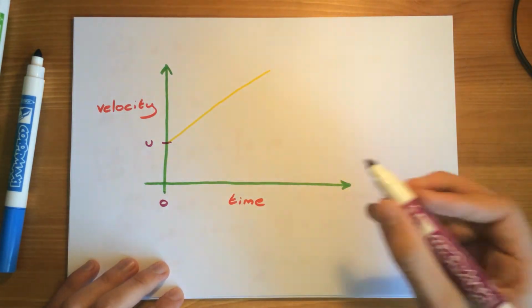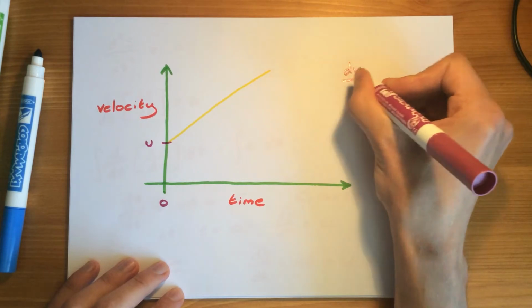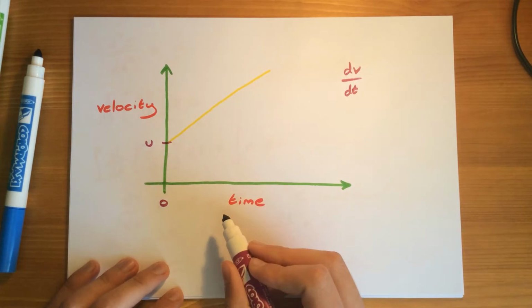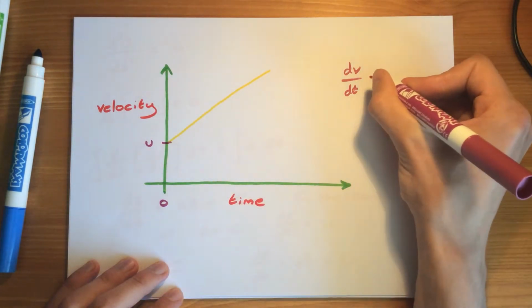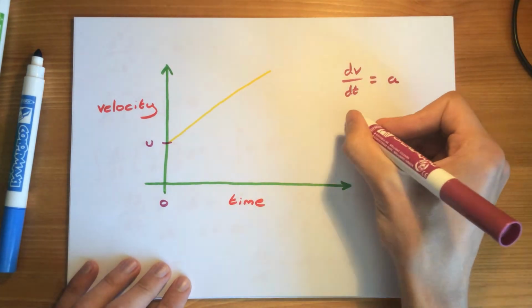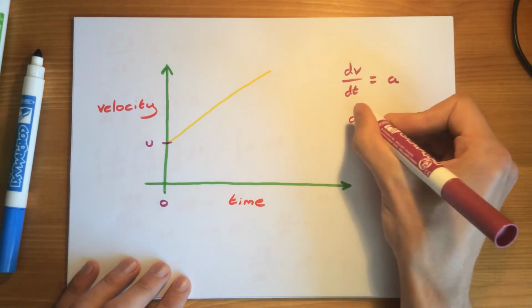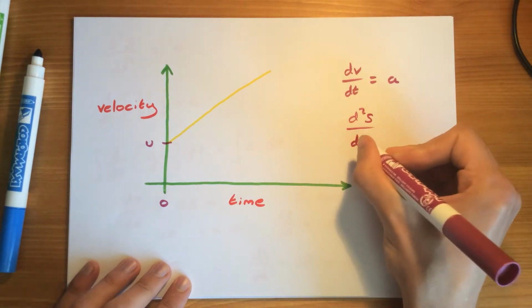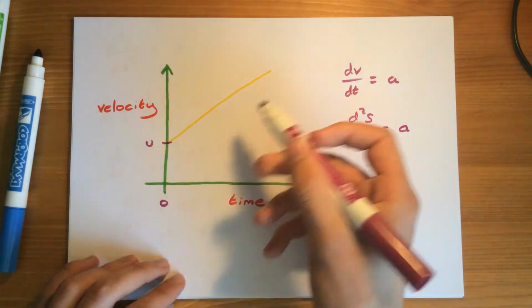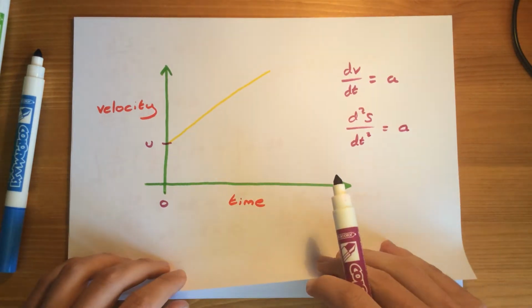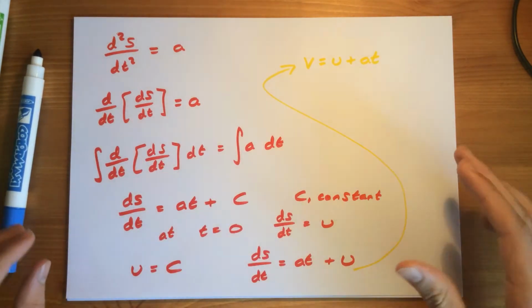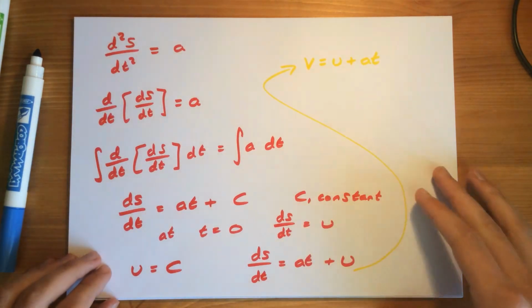You should know that the gradient is given by dv by dt, the change in y over the change in x, and this is a constant, which is exactly the condition we had before, because this is the same as the second derivative of displacement with respect to time being equal to a constant, which is a condition we started with. So it makes sense that we've got a straight line here, and this has come out. I wouldn't say obvious, but it's logical so far. We have a lot of intuition behind this.